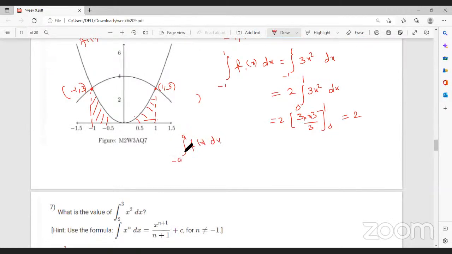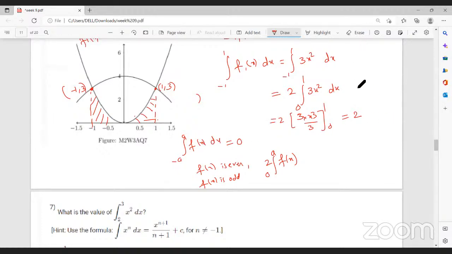This type of integral is there, right? If f of x is an even function, then my integral will be twice of integral 0 to a f of x. And if f of x is an odd function, then simply the value of this integral will be 0. That's it. So in the previous case, it is an odd function, that's why it equates to 0.